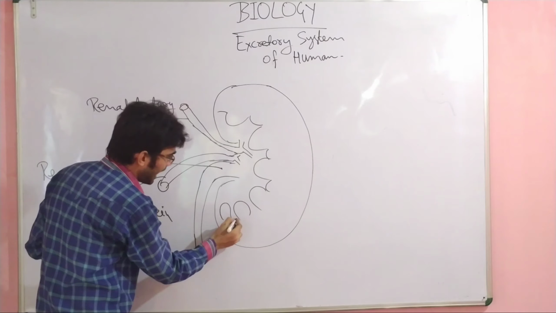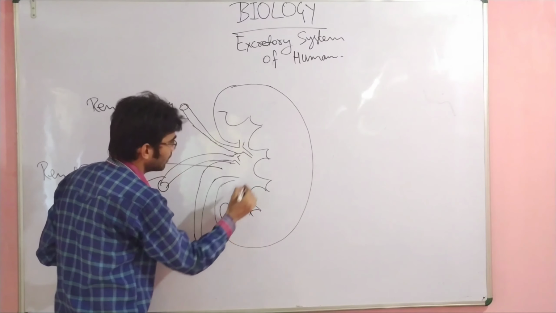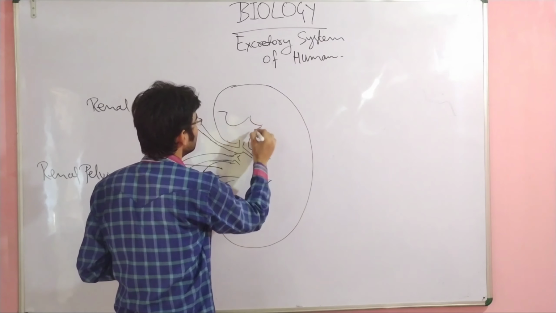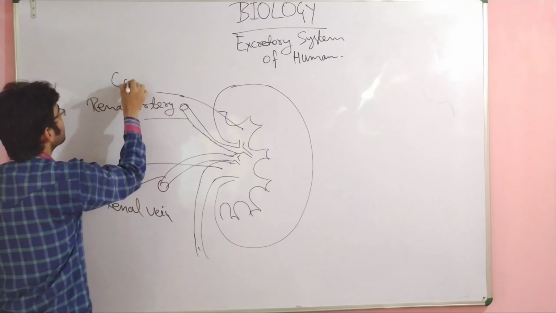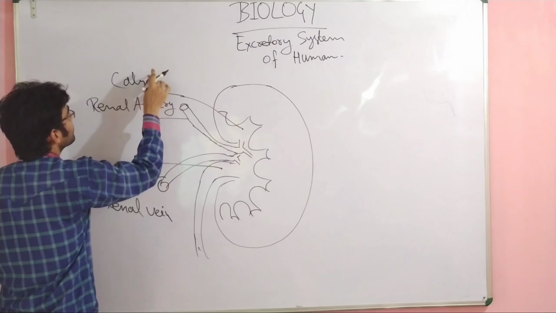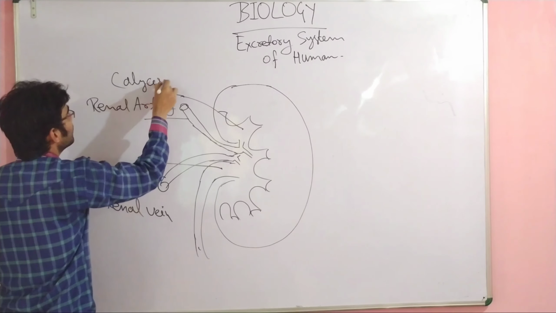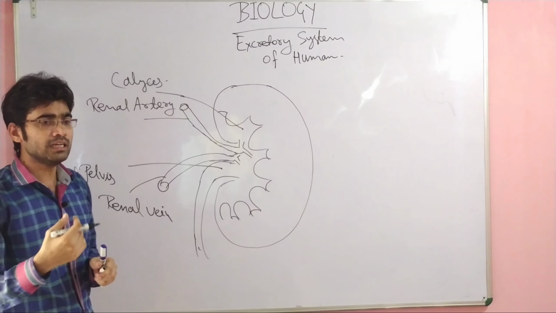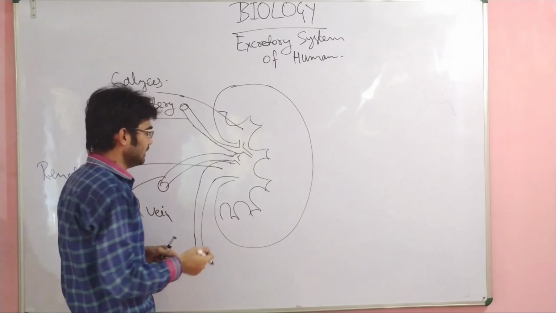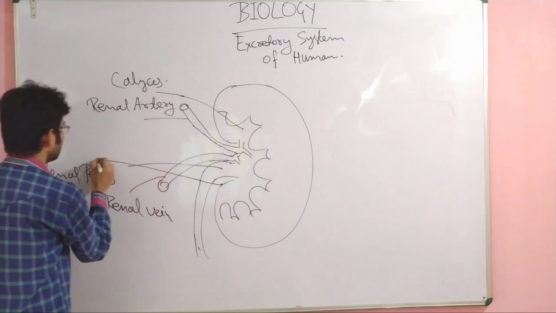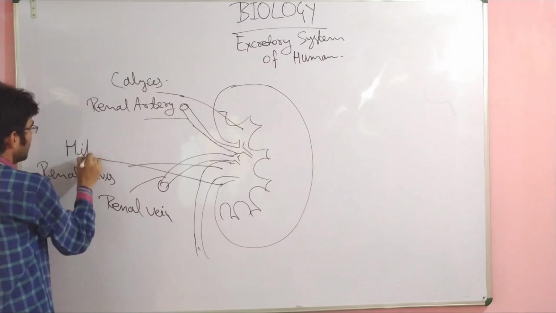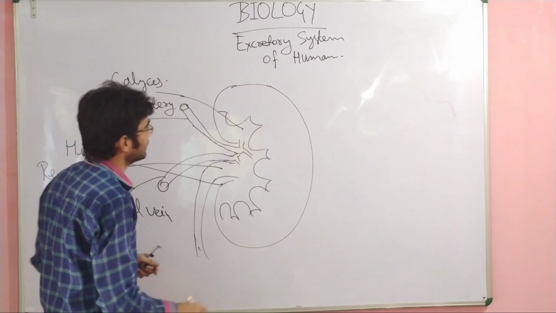This structure is the calyces that I'm going to draw. This structure is called calyces. It is of two types, major and minor calyces. This structure is called hilus. This is the hilus, the depression of the kidney.